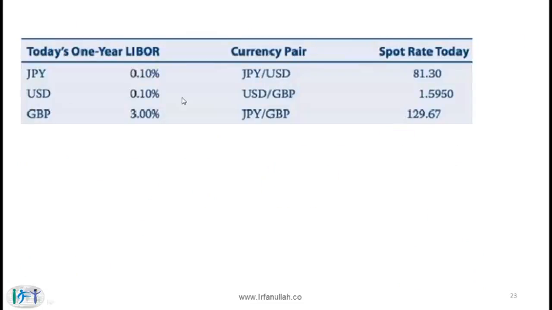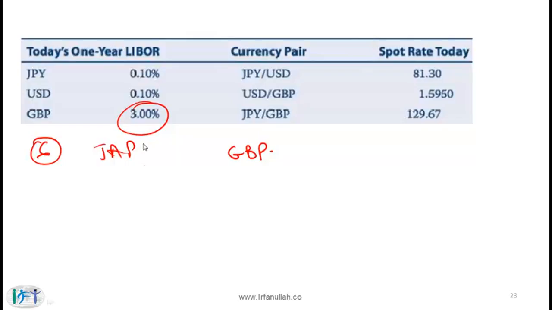For questions 6 through 8, we need this data. Question 6 says, if covered interest rate parity holds, the all-in 1 year investment return to a Japanese investor whose currency exposure to pounds is fully hedged is closest to what? Now imagine you are a Japanese investor and you have invested in England. Your return in terms of pounds is going to be 3%.